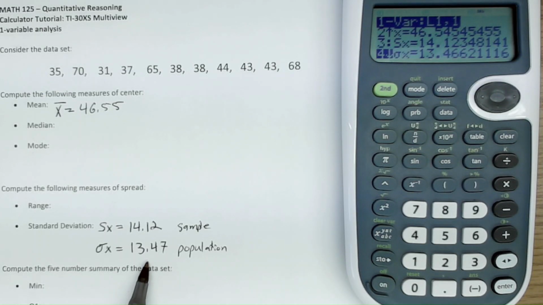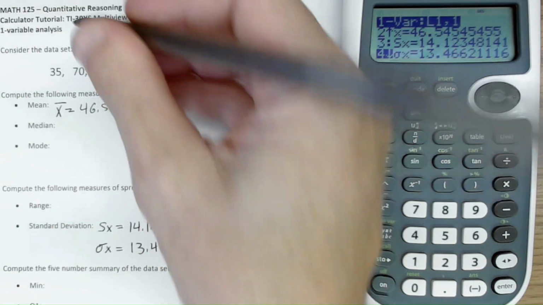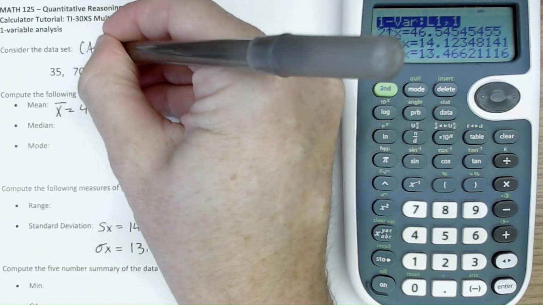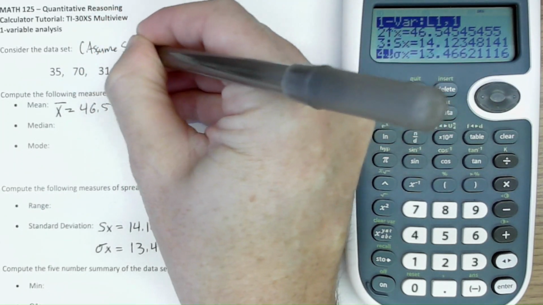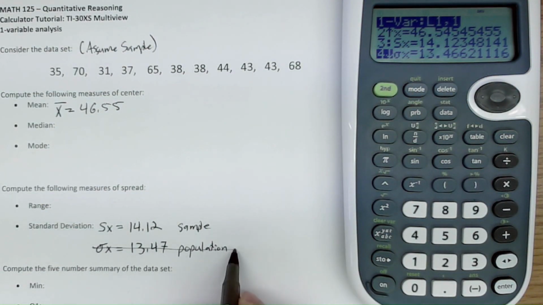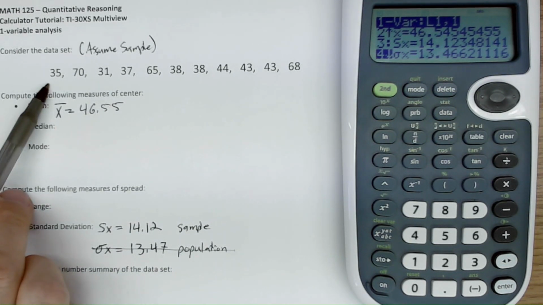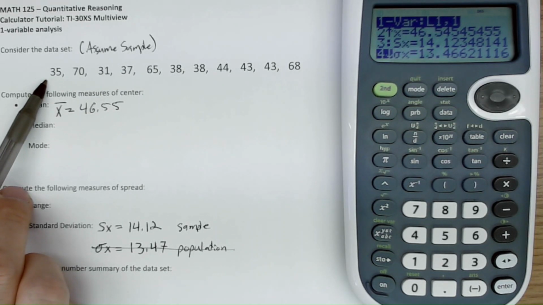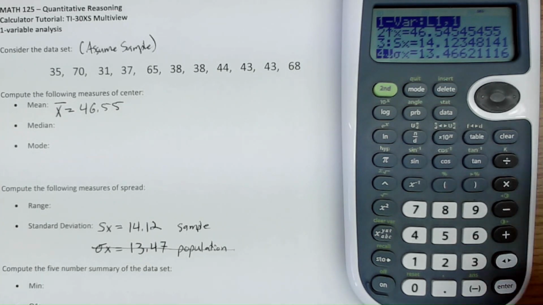In Math 125, most of the data we look at, we assume that it's a sample. And if that's the case, then our standard deviation would be 14.12. If the problem told us that this is all of the data for an entire population, of course we would use the population standard deviation instead.